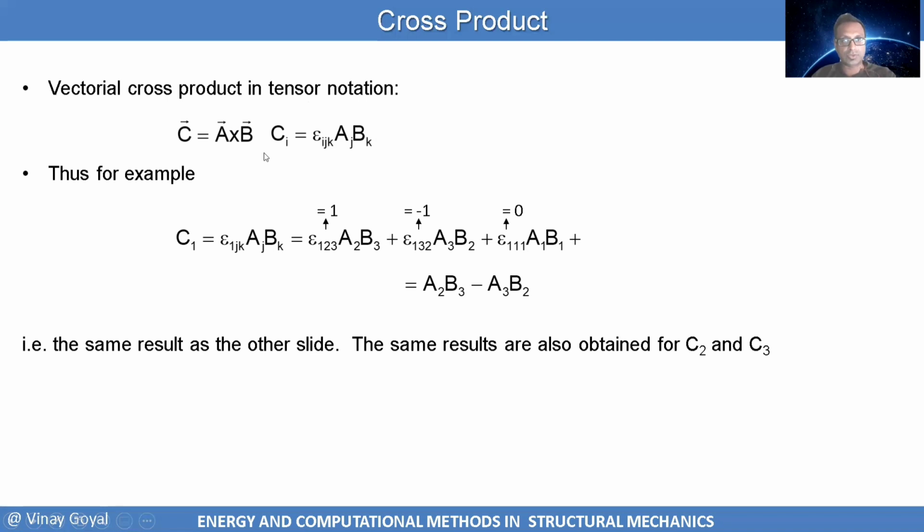For example, let's take the first term, C_1. C_1 corresponds to the first component of the vector. So C_1, C_2, and C_3 are the three components of a vector. Let's look at C_1. C_1 is epsilon_1jk A_j B_k. Now that's a double summation over j and k, and so I can start expanding. You will see that one of the terms will be epsilon_123 A_2 B_3.